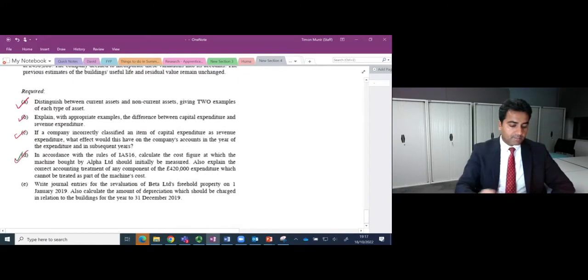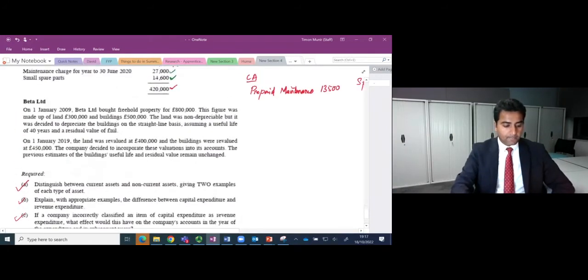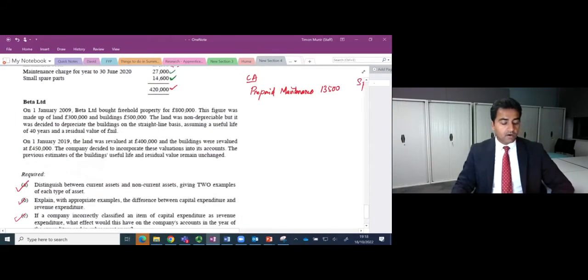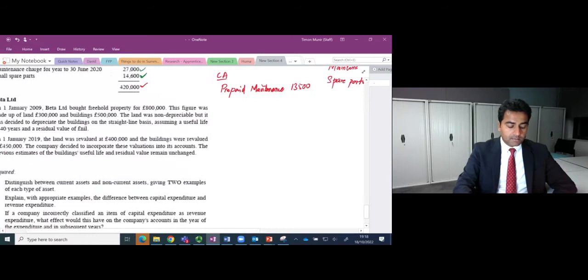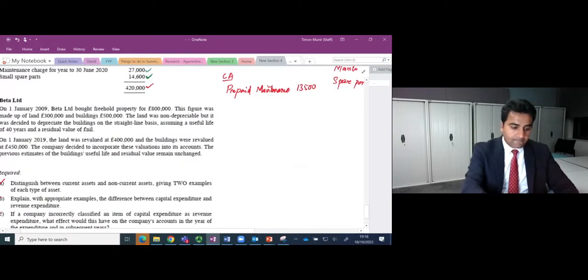The next part of this question is about Beta Limited. On 1st of January 2009, Beta Limited bought freehold property for £800,000. This figure was made up of land and building. On 1st of January 2009, the asset was bought for 800,000.